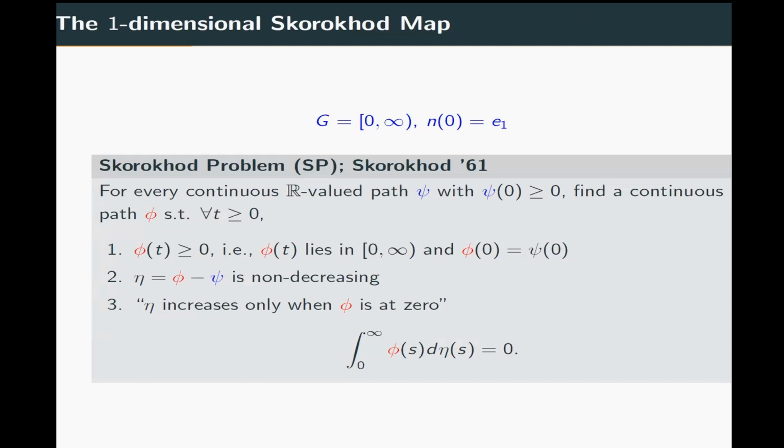So eta is like a pushing, constraining term, which will increase only when phi is in danger of leaving the domain, right? Violating its non-negativity constraint. And that can be captured in this way. I'm just doing continuous, so I don't have to worry about jumps and things like that. Okay, so we all know that.